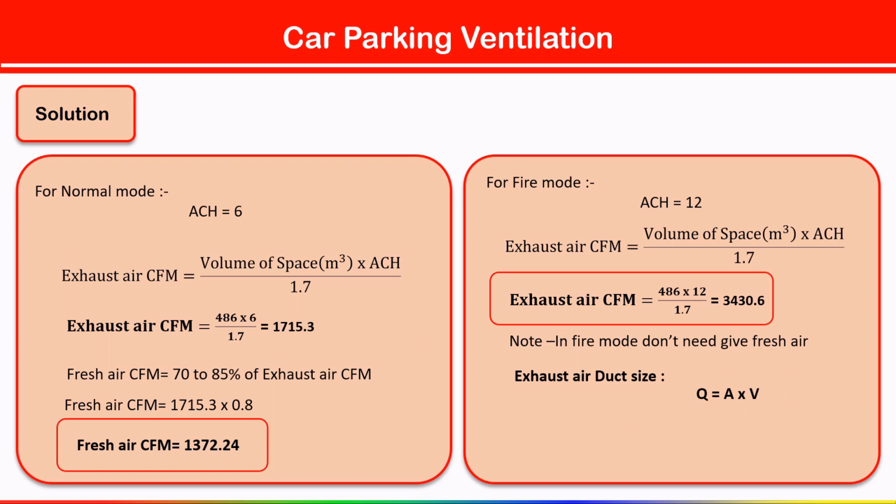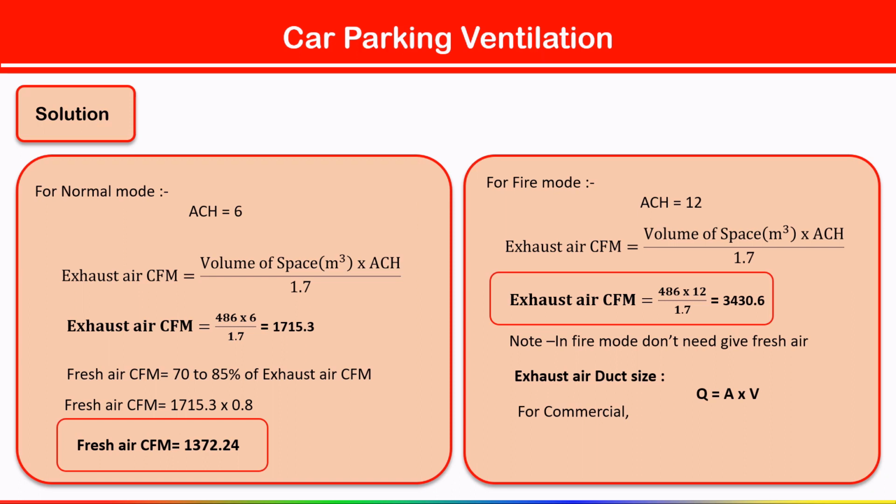And I have told you that duct size is always done for fire mode only. But how much velocity do we have to maintain? Velocity totally depends on which building you are designing: a public residential building, commercial or industrial.